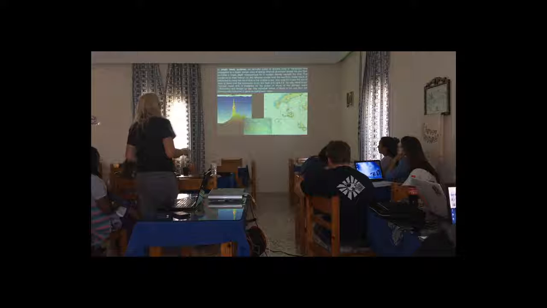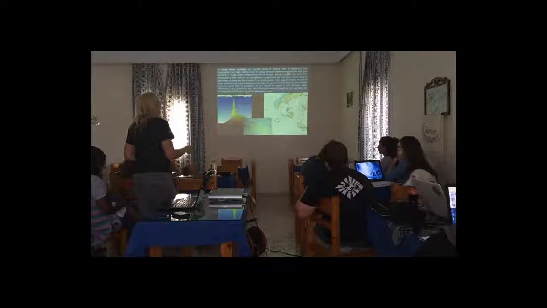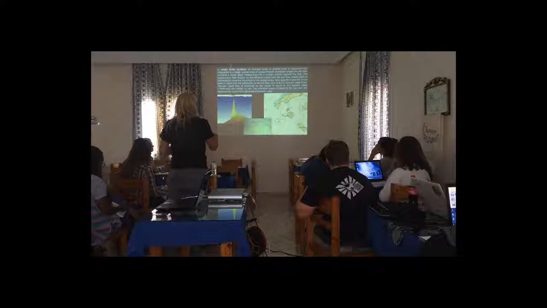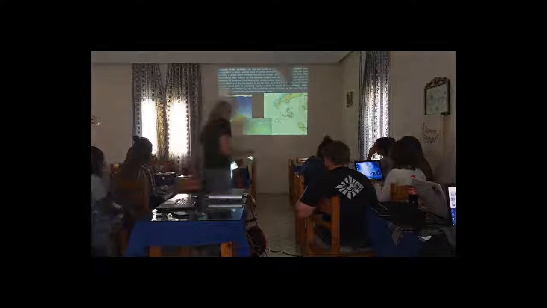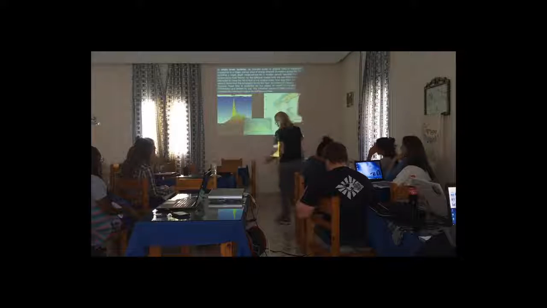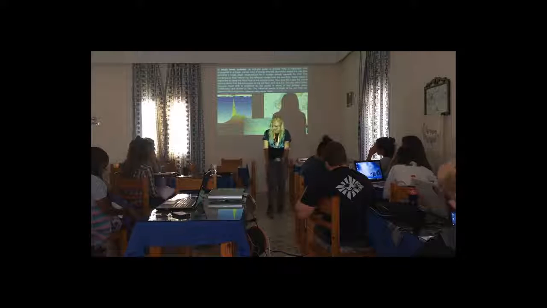So most of the time, once upon a time, we used a single beam system, using only one transducer, which creates a single narrow cone. You can see that the mapping we did covered the area just in a line.